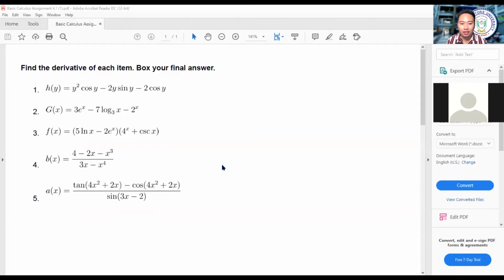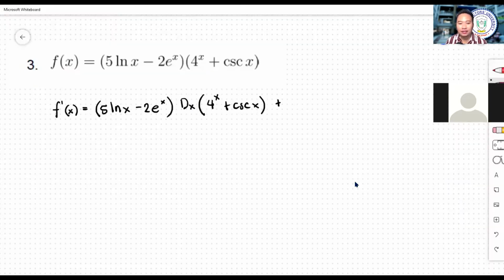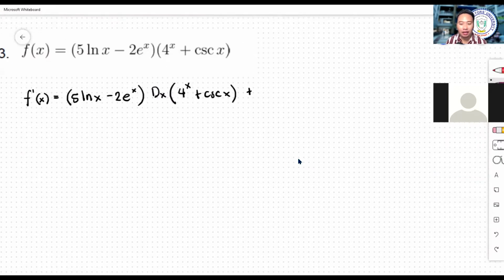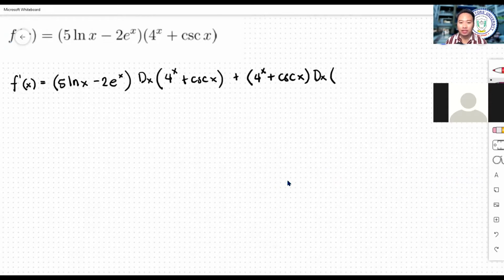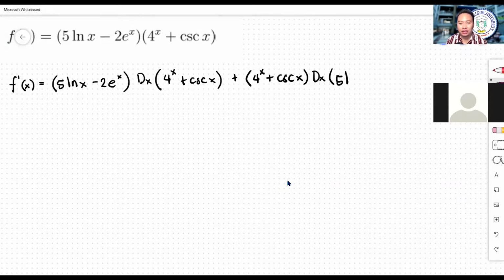5 ln x minus 2e to the power of x, dx, plus 4 raised to the power of x plus cosecant x, dx, and then the first expression under the first parentheses minus 2e to the power of x.